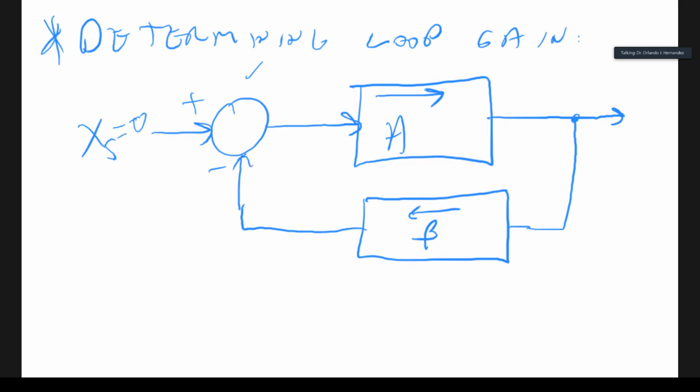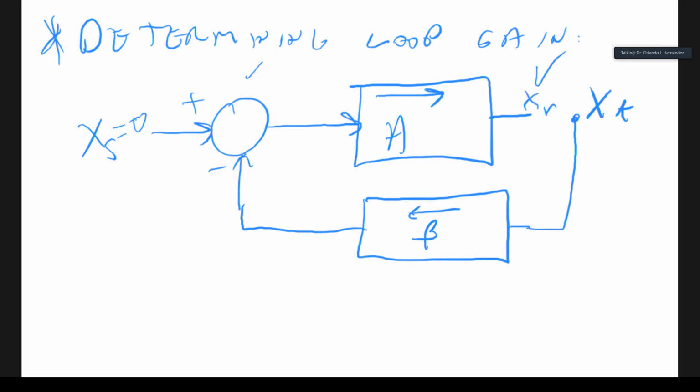Then we need to break the loop. The best place to break the loop is right there. Okay? So we can break the loop there and denote what is going into the feedback network as x of t, and what is coming out of the forward path as x of r.